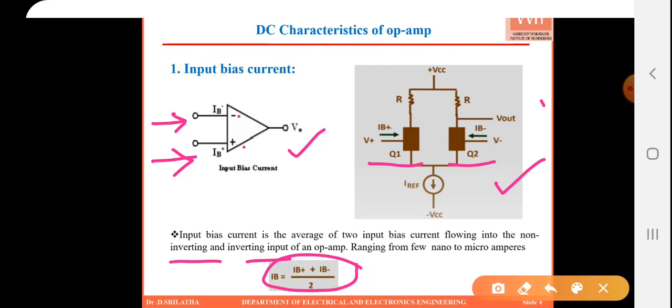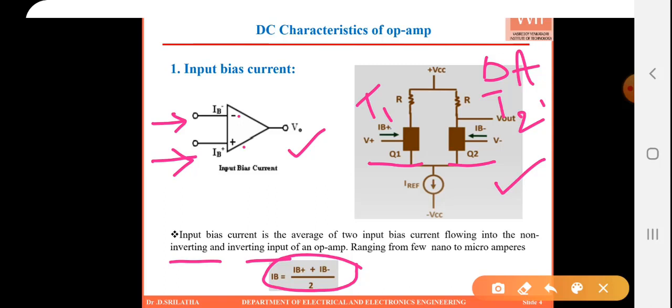Ideally, in this differential amplifier, we are using transistor 1 and transistor 2. For these two transistors, there will be a little amount of biasing current flowing through them. If it is an ideal one, the two biasing currents will be equal, and internally there is no current flowing through the operational amplifier also.